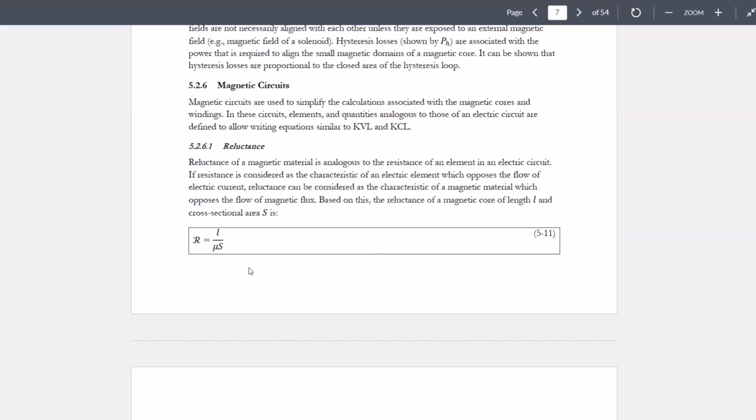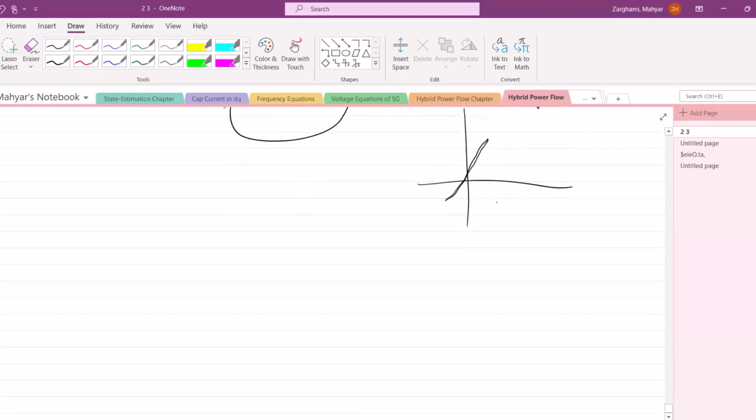So L is the length of that magnetic material, or average length. Mu would be the permeability, and S would be the cross-sectional area. This would give you the reluctance. If you recall from resistance, what was resistance? Rho L divided by A. So A is the cross-sectional area of the wire, L is the length, and rho is called the resistivity, right?